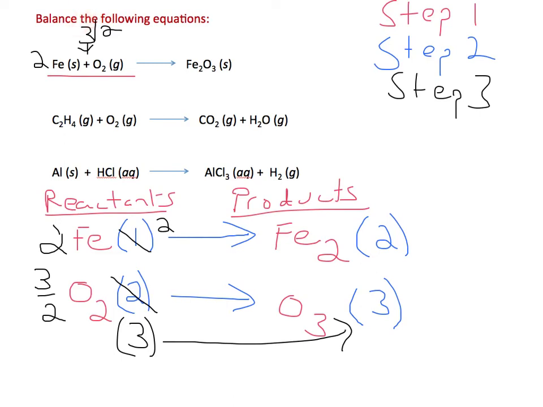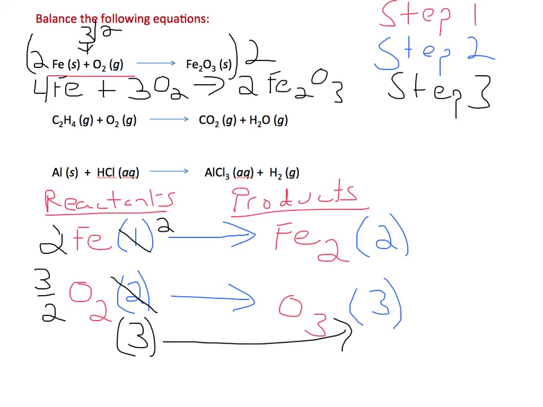If we multiply everything by 2, the 3 halves times 2 cancels. Here we end up having 4 iron, because we multiplied everything by 2, plus 3 halves times 2, which means a total of 3 O2, and that's going to produce 2 iron 2 trioxide. In most cases you're going to want the lowest whole number, so you multiply everything through by 2. So that's our answer.